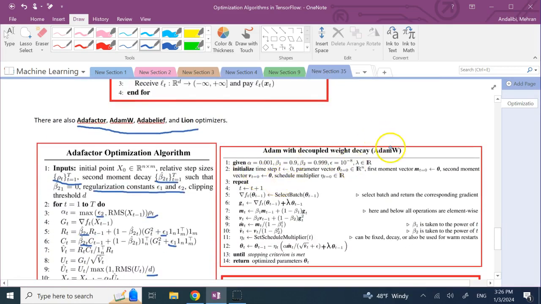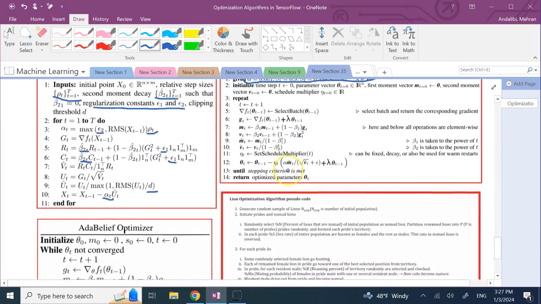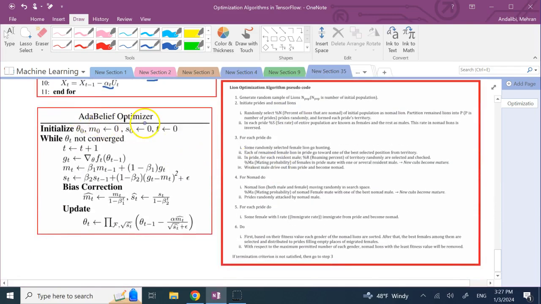So we have AdamW, which is Adam with decoupled weight decay. Again, it doesn't have a ton of hyperparameters, only 3 or 4, which is good. That could be a really good thing, so you might try that as well. There is AdaBelief, and AdaBelief seems quite a bit simpler, I would say.